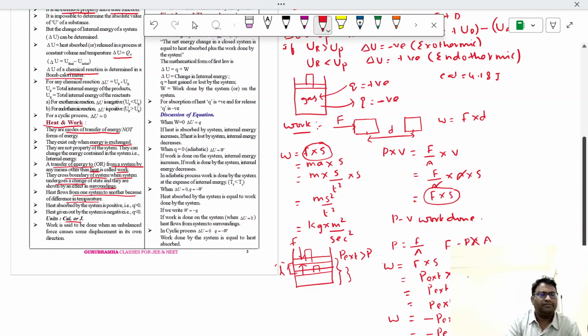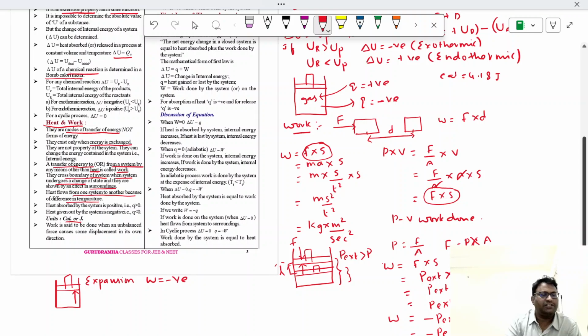According to the first law of thermodynamics, let us take gas enclosed in a cylinder. If work is done by the system, it is pushing, which means expansion. So when work is done by the system, expansion, W is negative.